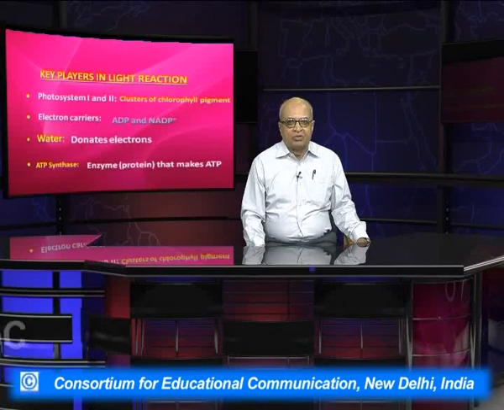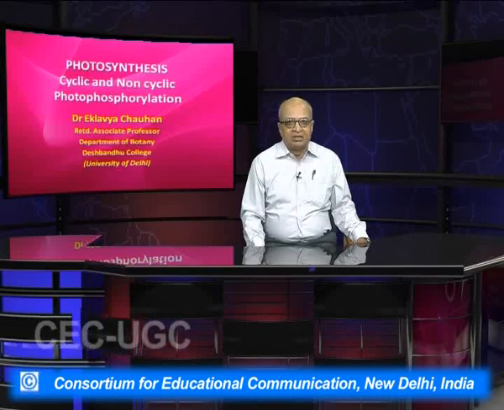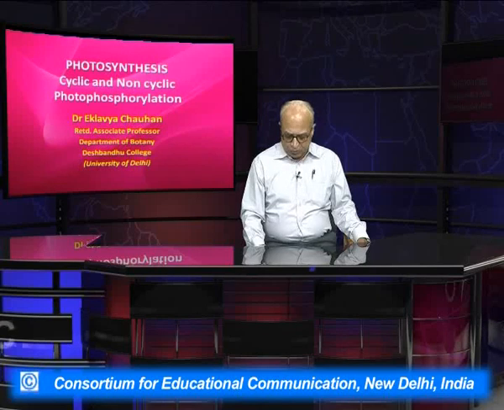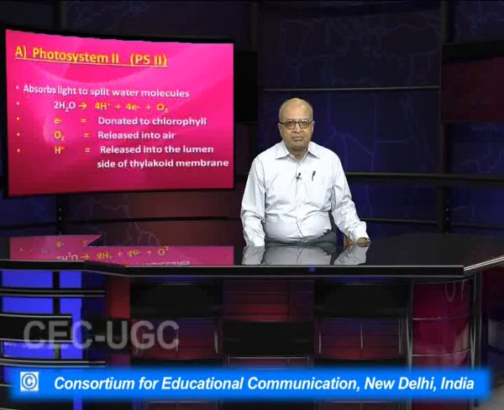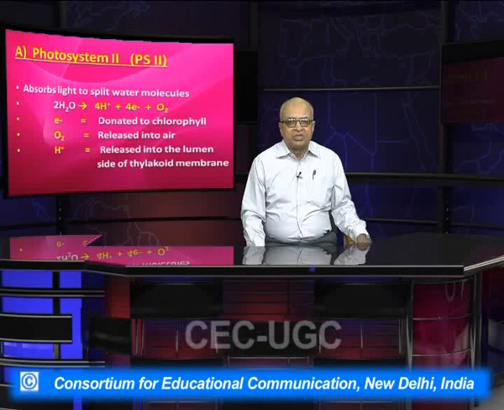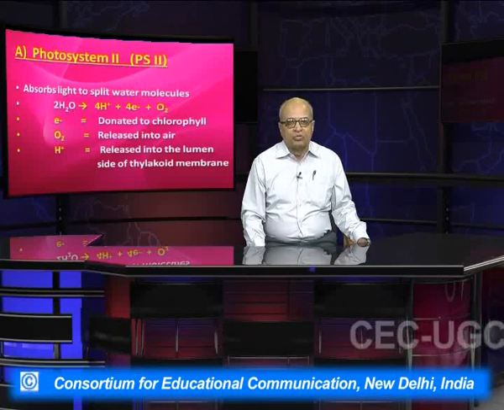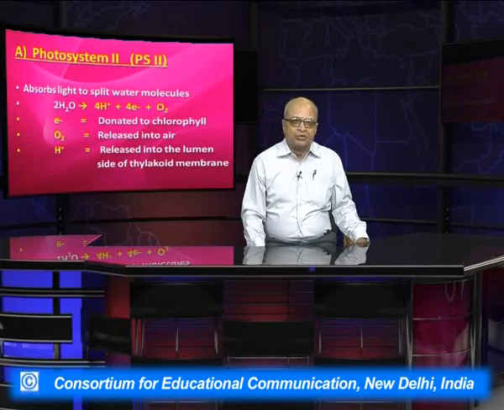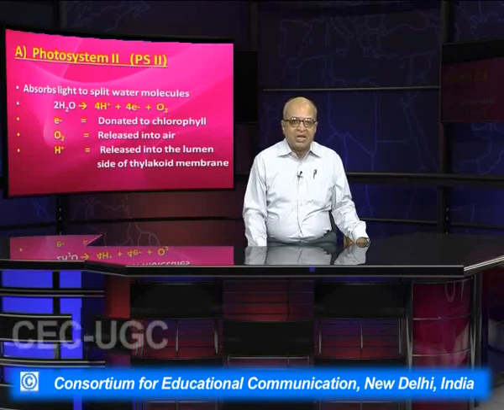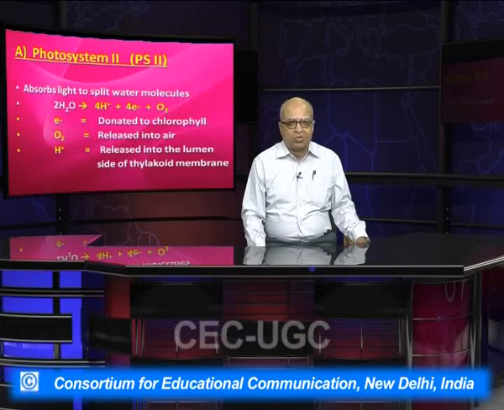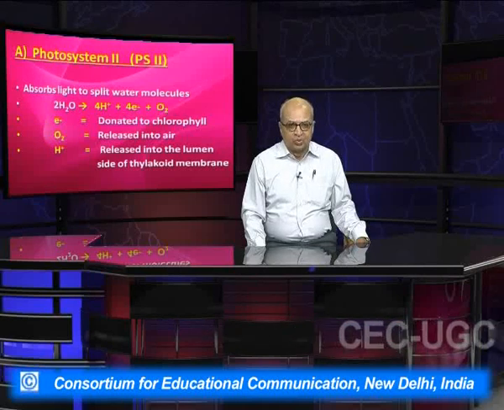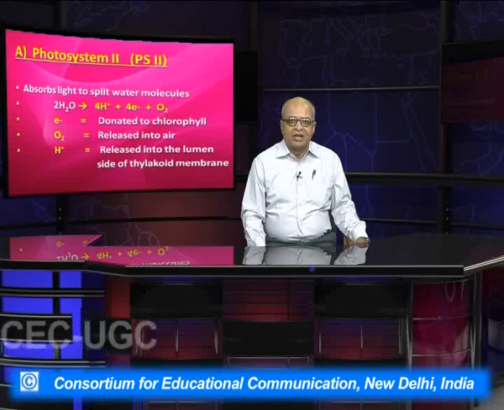We have basically two types of photophosphorylation, the cyclic and the non-cyclic type. The key players start with photosystem 2. As we said in the previous lectures, photosystem 2 operates at wavelengths less than 680 nanometers.